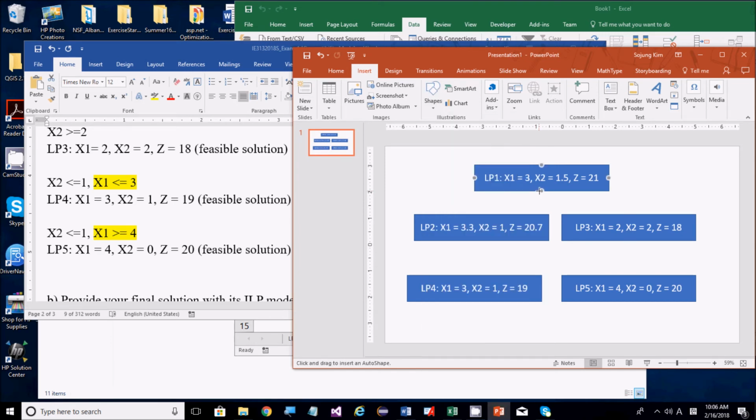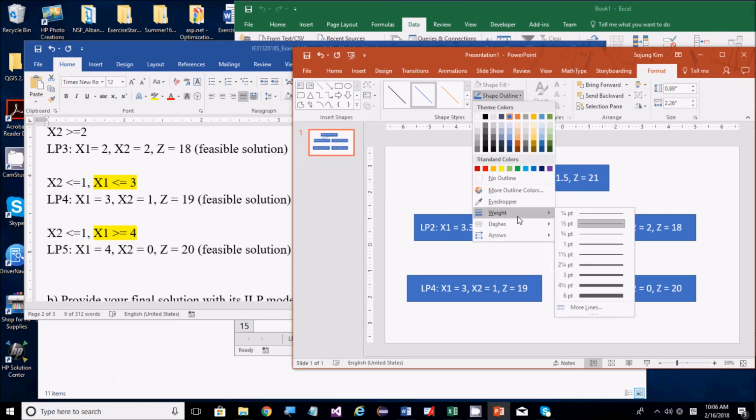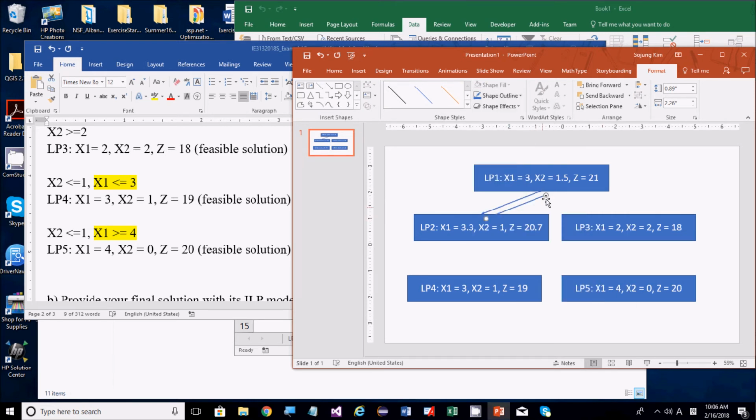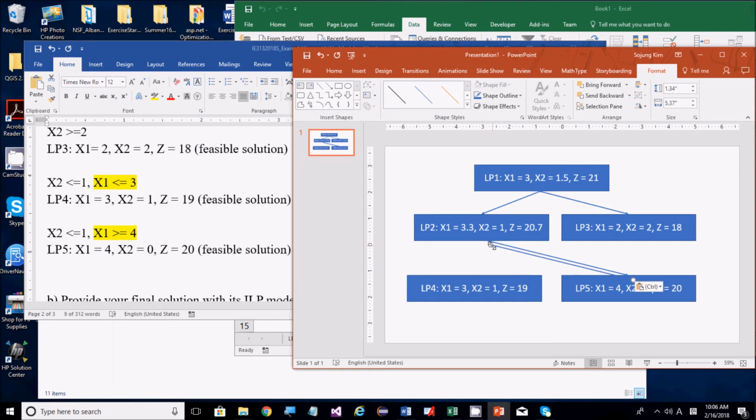Insert arrow, so that you can check which model came from where.